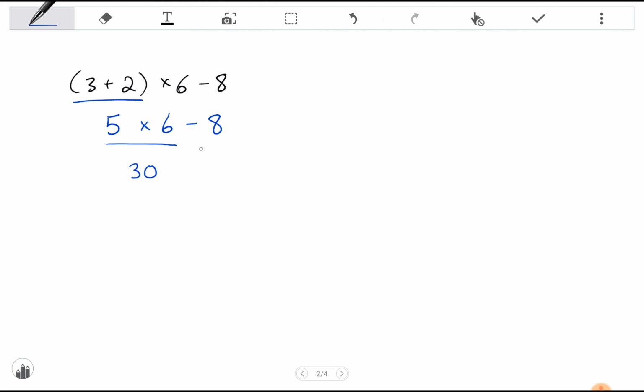We write the answer, and then write out what's left, minus 8. There's only one thing left to do, 30 minus 8, which gives us 22, the solution to the original question.